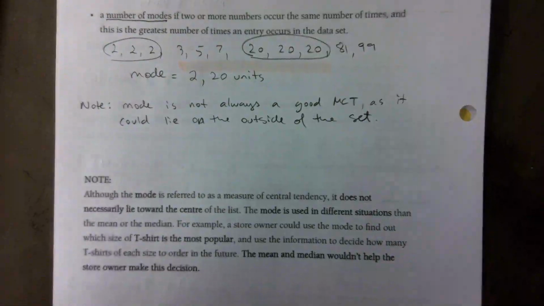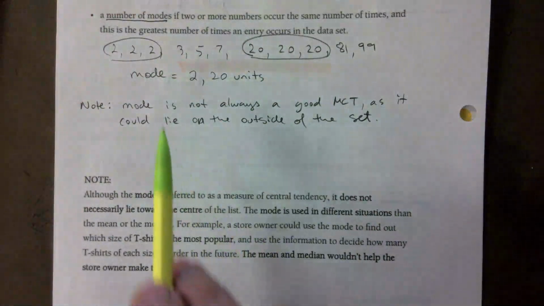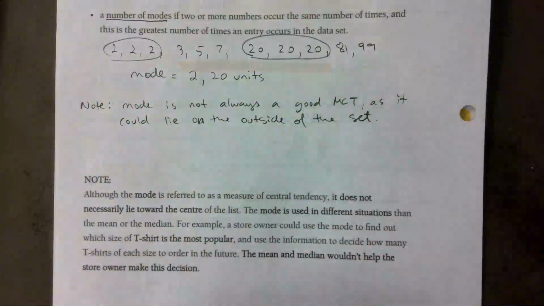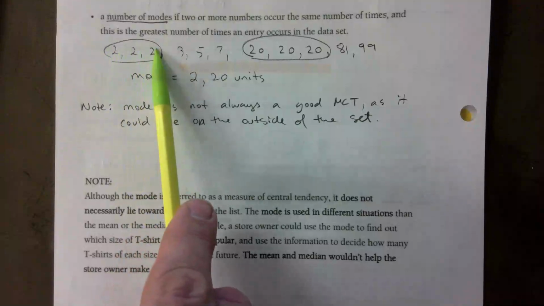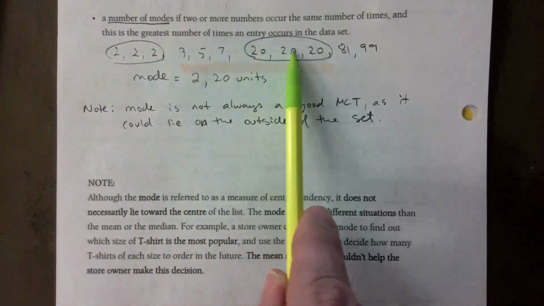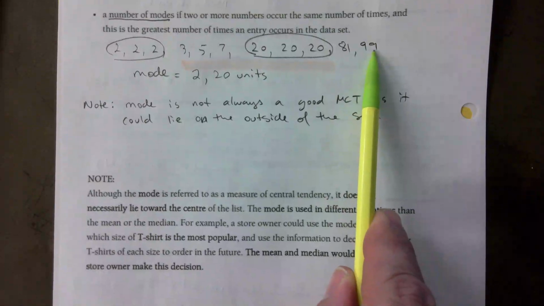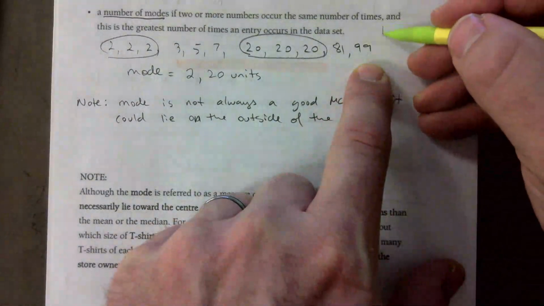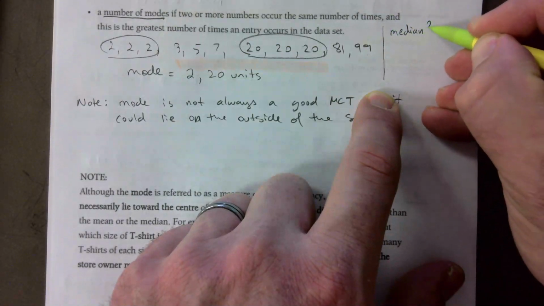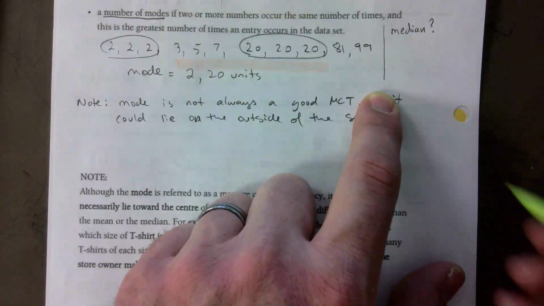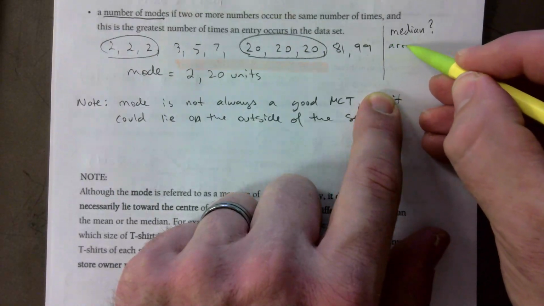Let's keep going here. What would be the median of this set? If I asked you to find the median, let's count. 1, 2, 3, 4, 5, 6, 7, 8, 9, 10, 11 values. Let's just do that on the side here. Median. Is it arranged? Yes, it is.